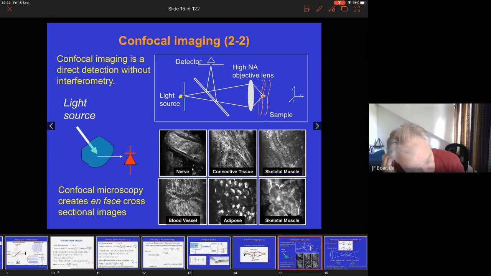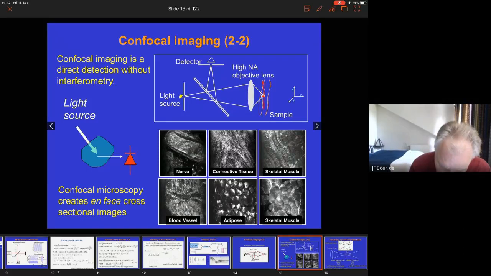Confocal microscopy is a very powerful technique. You can create very nice images, what we call en face images, at a particular depth in the tissue, at a fixed depth, and you do that by focusing the focal point at different locations laterally in the tissue. These are some examples of the images that you can create.